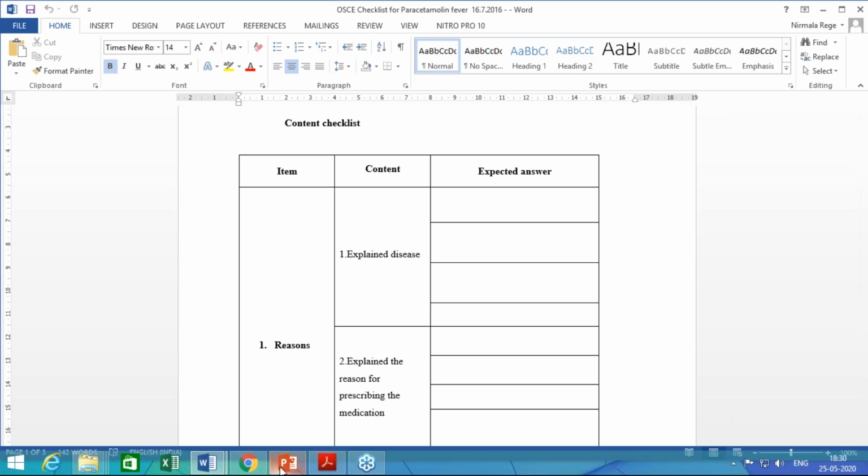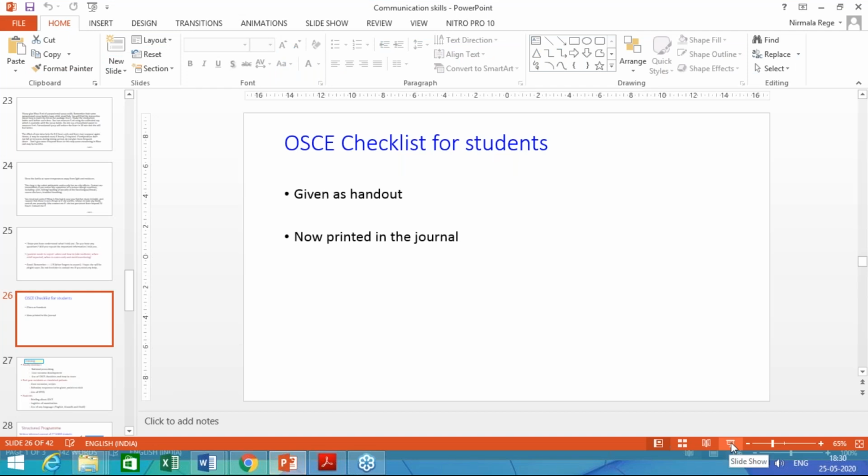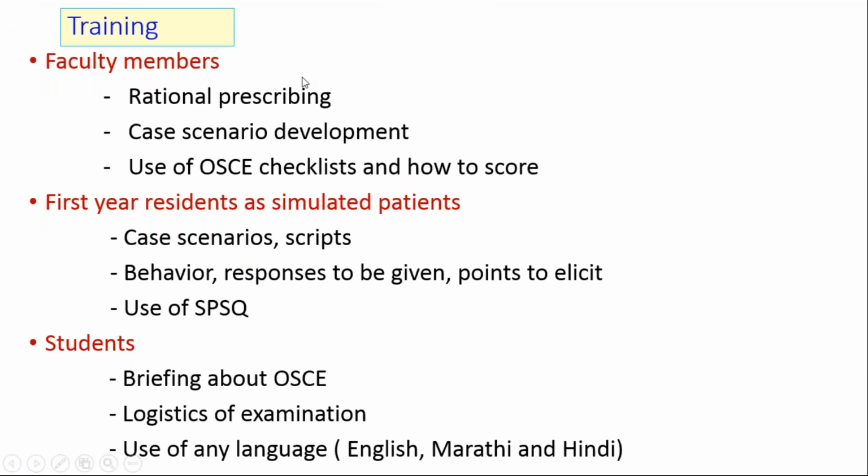Now, going back to my slides again, we had to train our faculty members for this. I told you about rational prescribing for our junior faculty members, but we also have to tell them what is expected in the case scenario, though we have developed it, especially for the second MBBS student.